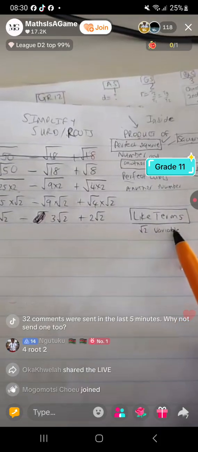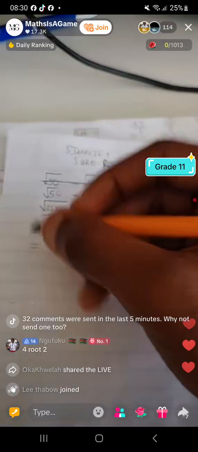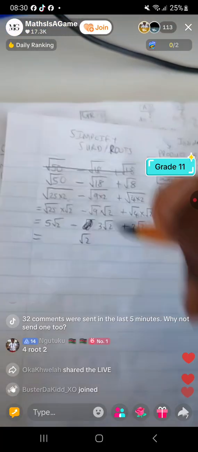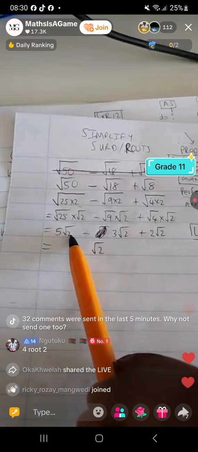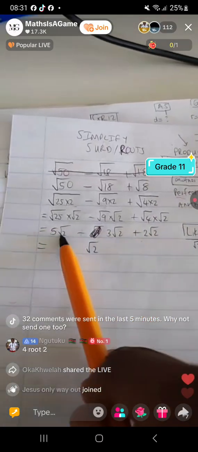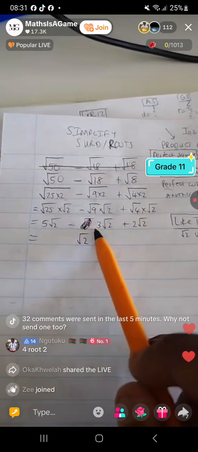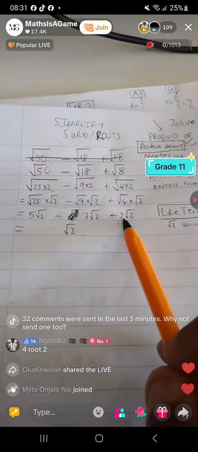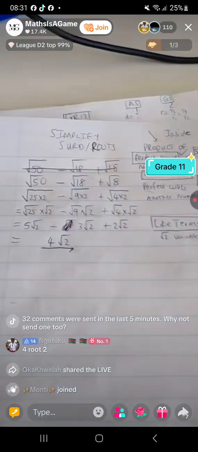So what you do is you keep root 2, then you add and subtract the coefficients because you have the same root 2's. So what's 5 minus 3? It's 2. And then what's 2 plus 2? It's 4. This is your final answer.